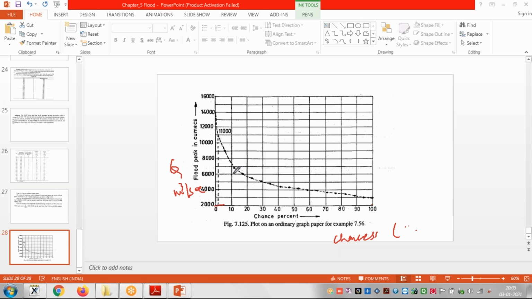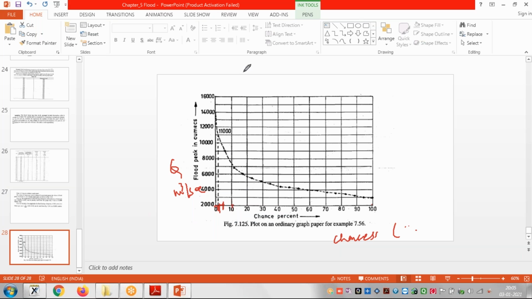For example, if this is 10, then 5 is some area. If I halve again, it will be 2.5, and if I halve again, there is some value.